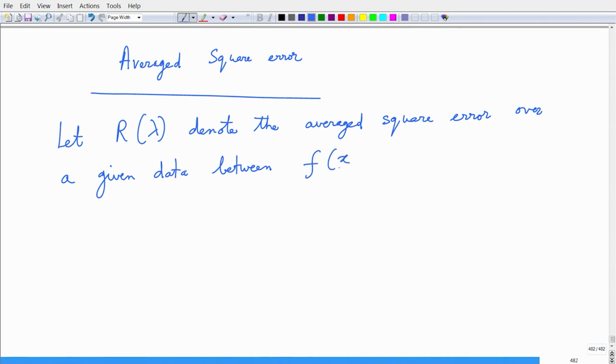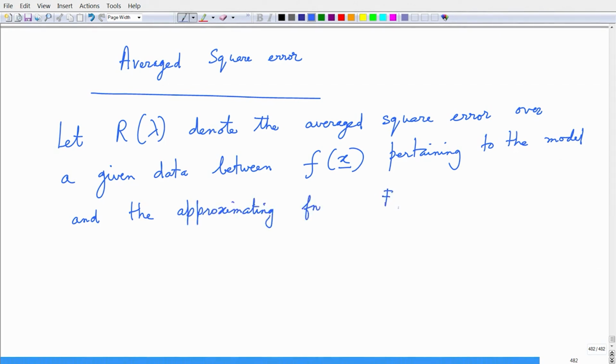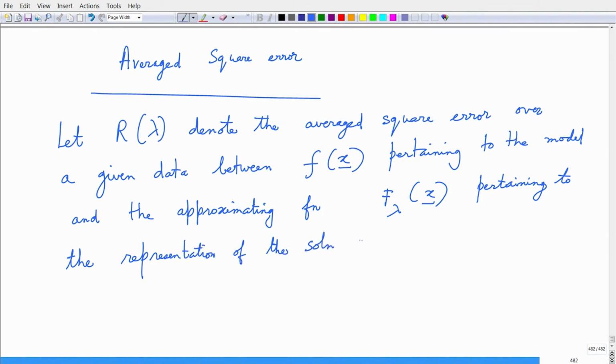One is this unknown function f of x that pertains to the model, and the approximating function, which is F lambda of x, pertaining to the representation of the solution for some lambda over the training set.